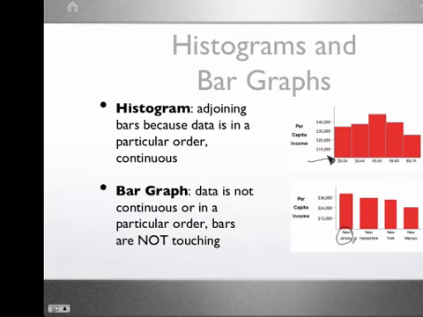Categorical data actually has information that fits in categories like New Jersey, New Hampshire, etc. It's not numerical. Now you can use a bar graph for numerical data as well, but anytime that you're using categorical data, your best option would be a bar graph.